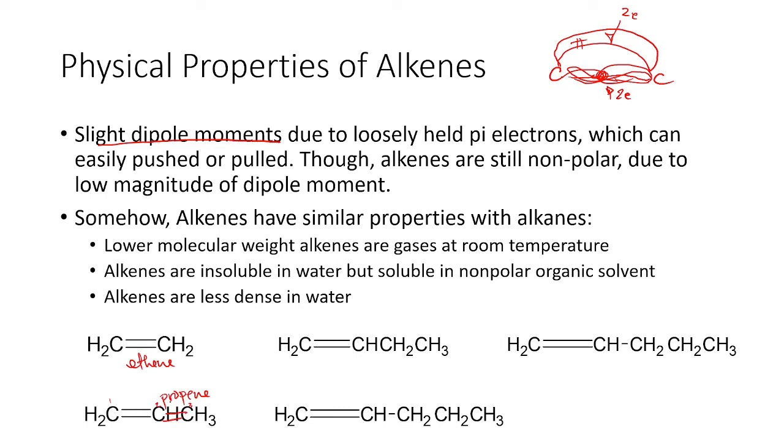So still it's 1-propene. So we don't need to include the position of the double bond. So when we say ethene and propene, automatically the double bond is located at the first and second carbon.